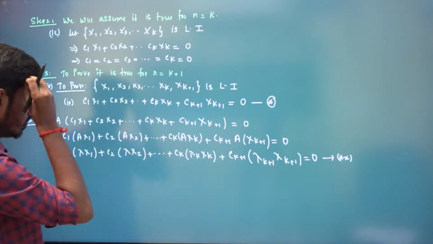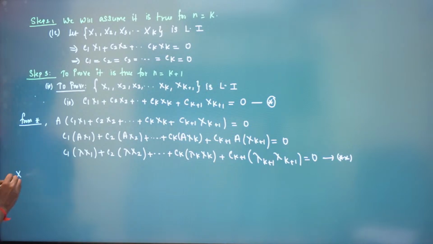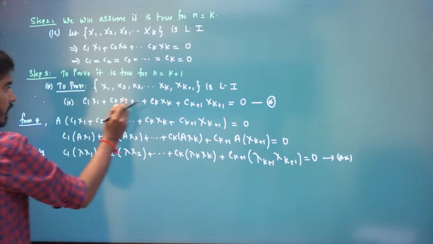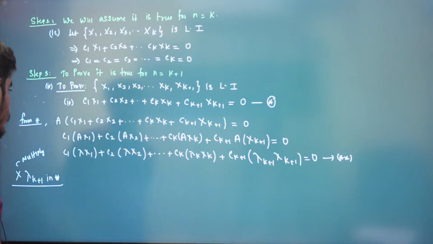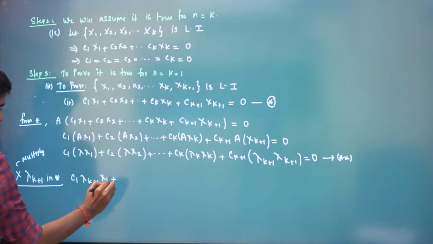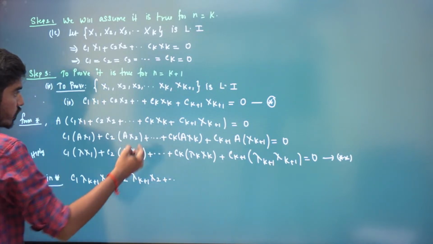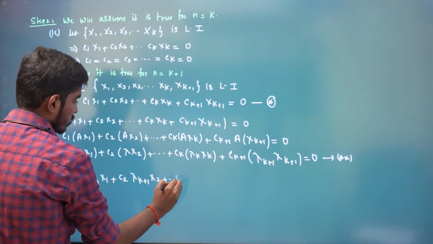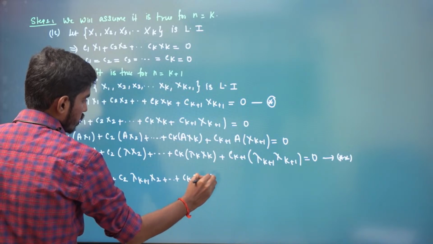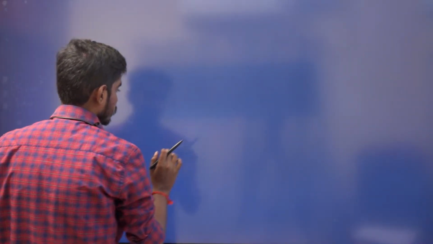Now, what I'm going to do is multiply lambda k plus 1 throughout in star.